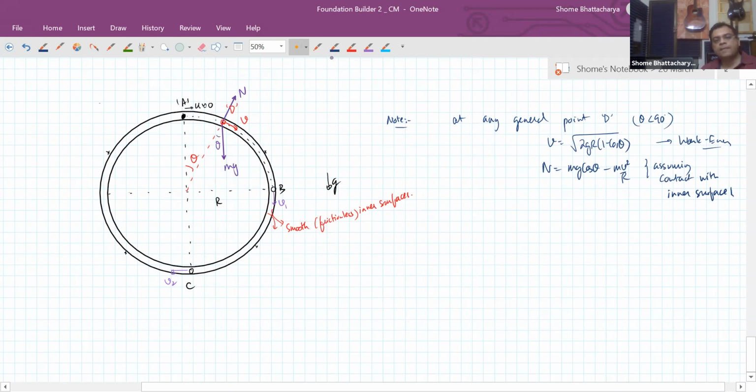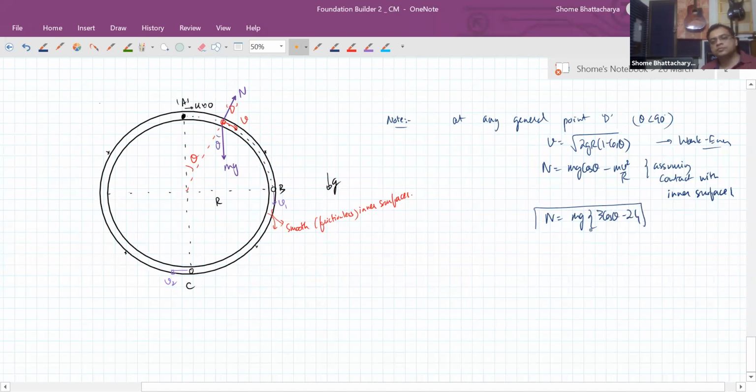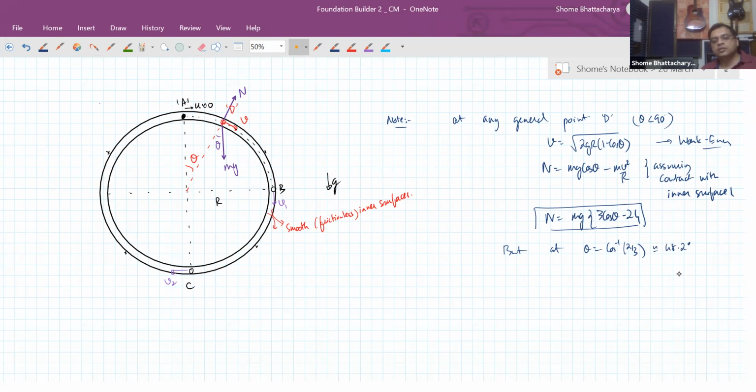It's seen that this gives us this result. But at theta equal to cos inverse 2 by 3, which is approximately 48.2 degrees, N becomes 0.